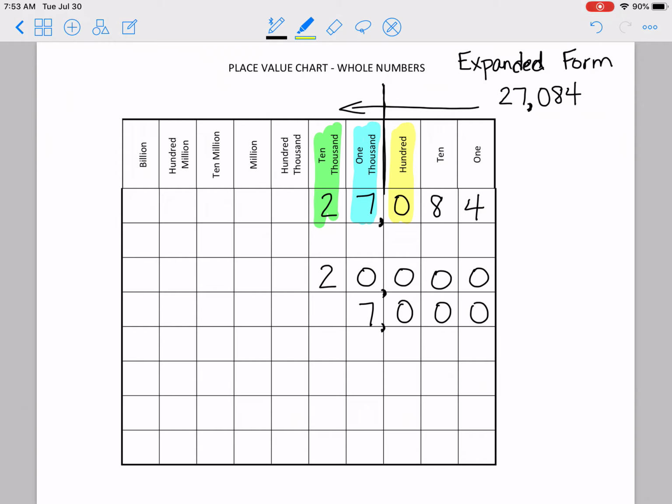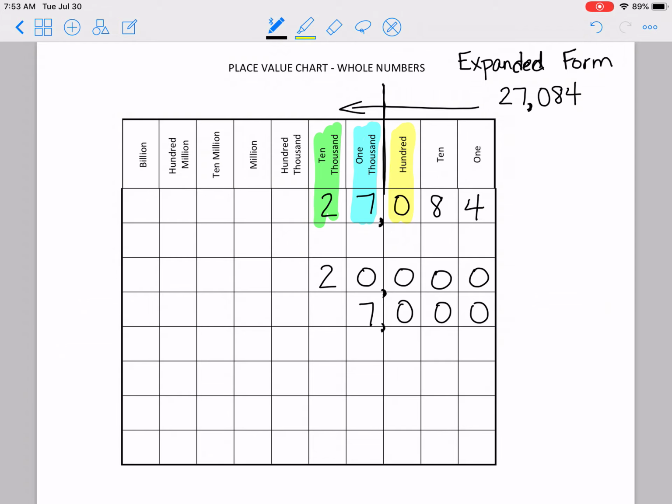So I can either leave it blank and not put that as part of my expanded form, or if I needed to have it there, just for a visual, I'm going to put 0, 0, 0. And that just tells me I don't have any hundreds at all. So you can either leave it this way, or I can just erase it and completely leave it out.